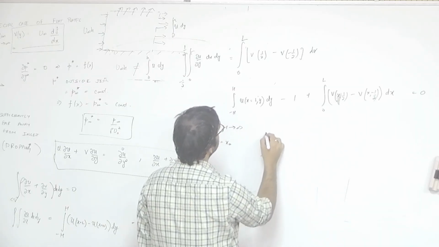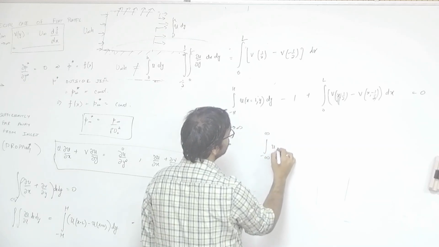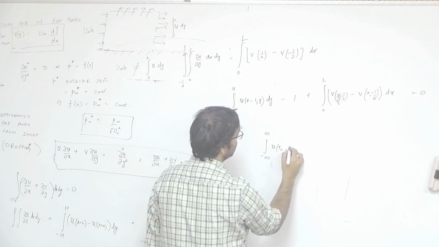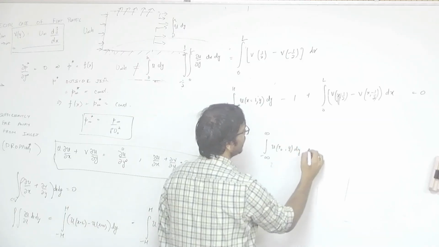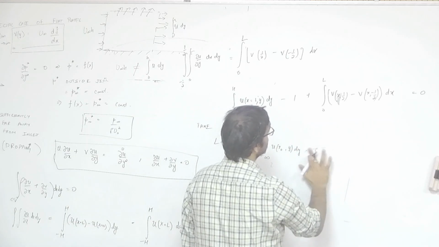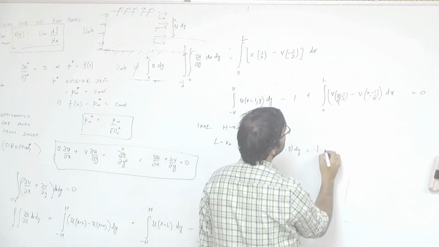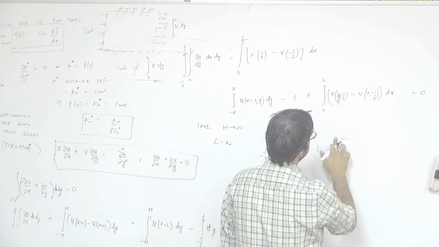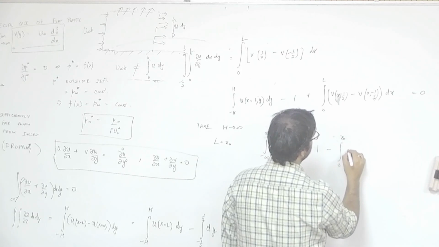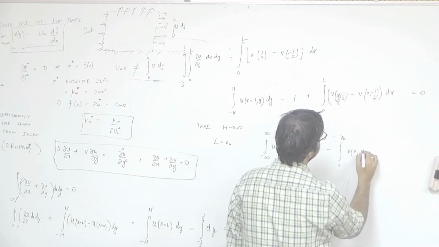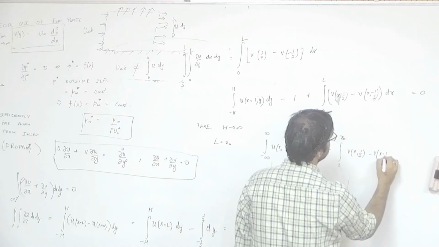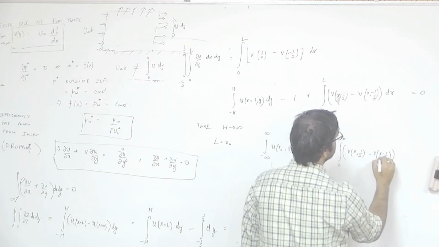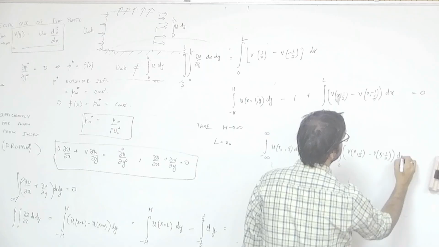The integral from minus infinity to infinity of u at x naught, y dy, we'll take 1 on that side, equals 1 minus the integral from 0 to x naught of v of x comma half minus v of x comma minus half, sorry, dx.